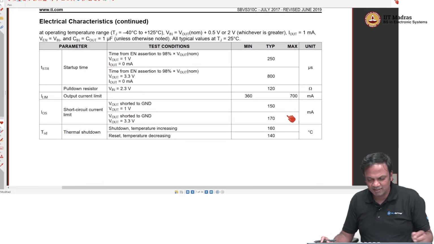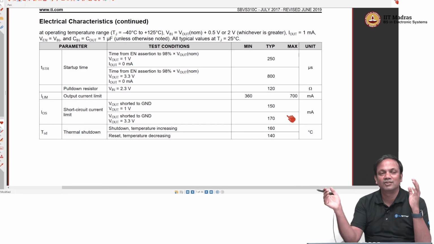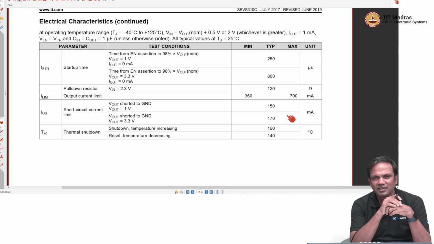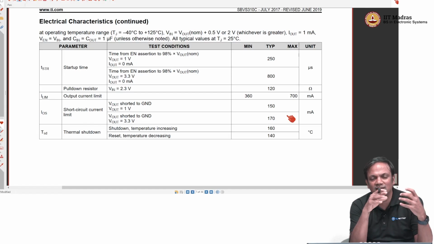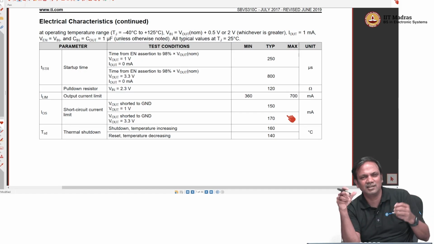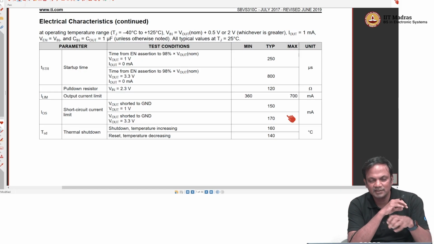We have startup time, which is essentially the time it takes for the device to wake up. Now, I told you that if you do not shut it off, there is no problem because this is always on. So, this voltage is always available. But if you are going to, in your system design, turn off this LDO and turn it back on, you need to know what is the sequence in which the different power supplies come up. That is why the startup time is provided.